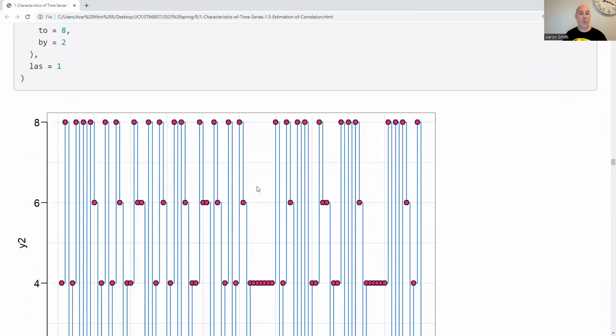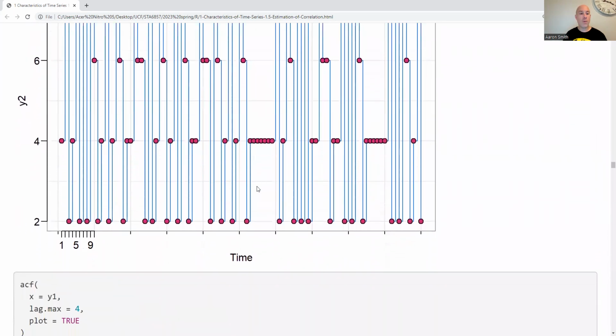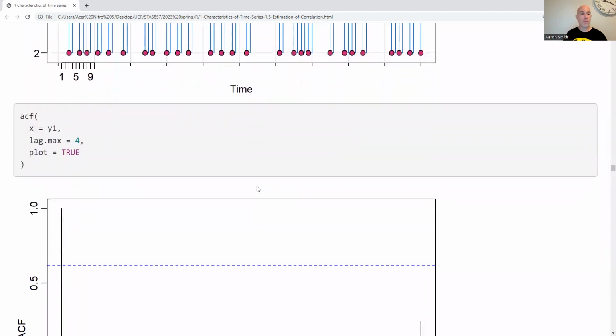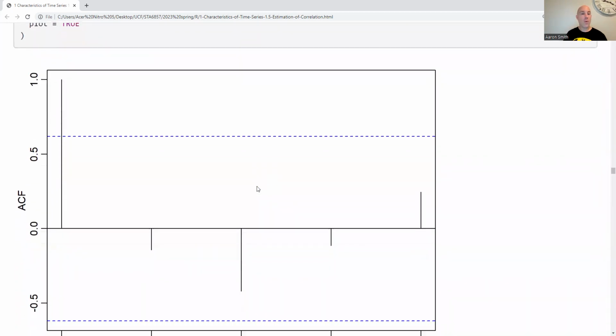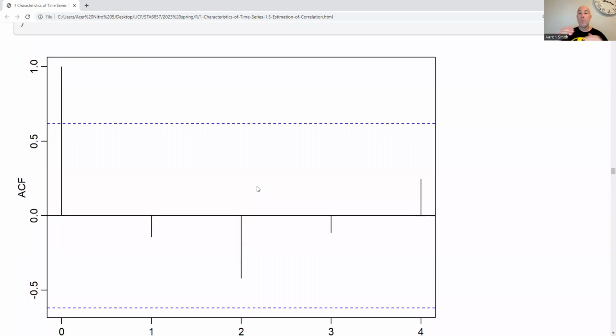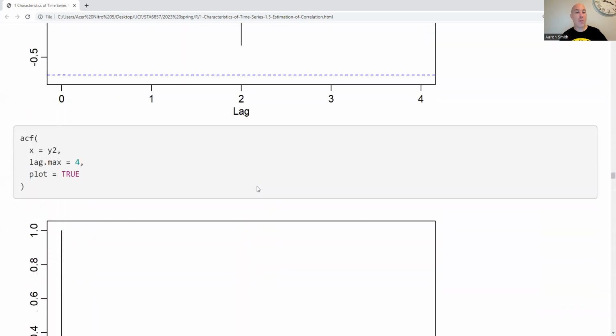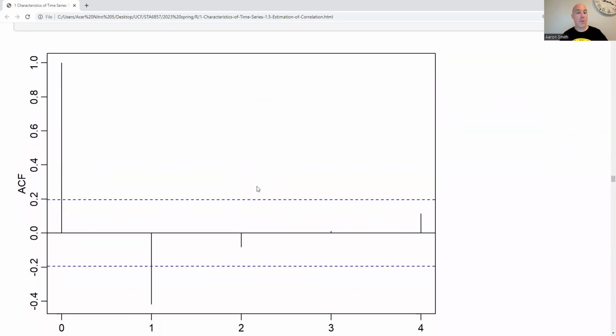I'll just scroll through a little so you can see it. Once again, on the first one, you can see a much wider range needs to be crossed to be statistically significant. And then here, that shrinks down when I have a larger sample size.